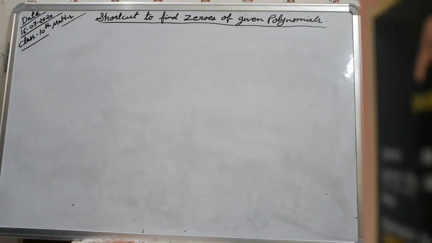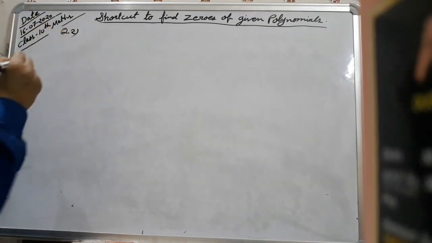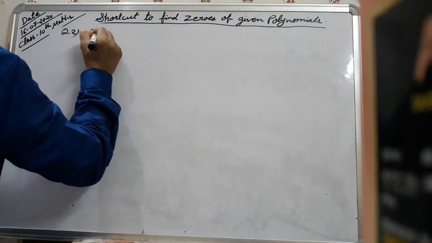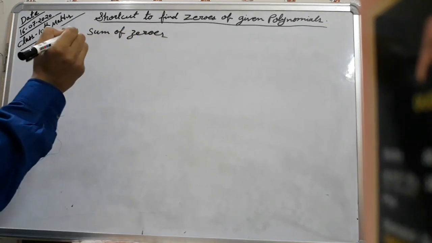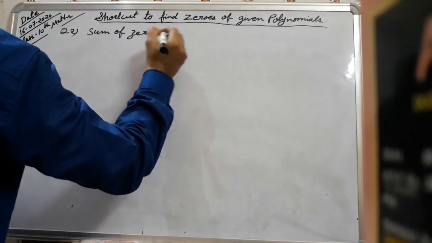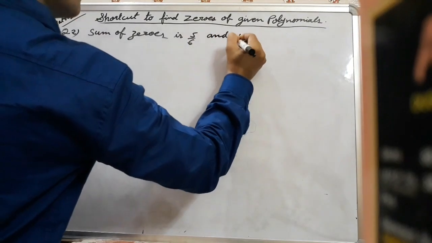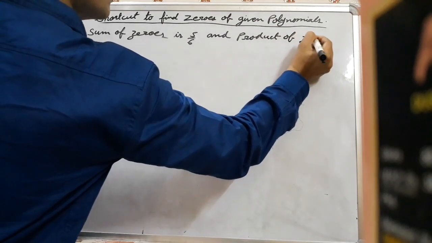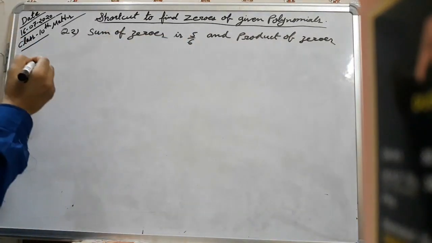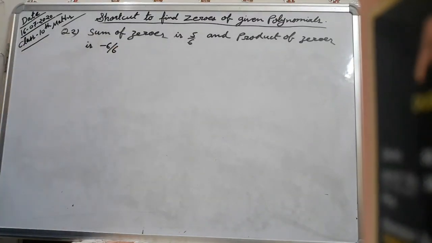What is the question? Suppose question 2: sum of zeros is 5 by 6, and product of zeros is minus 6 by 6.